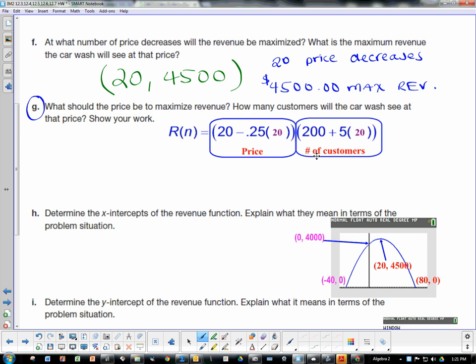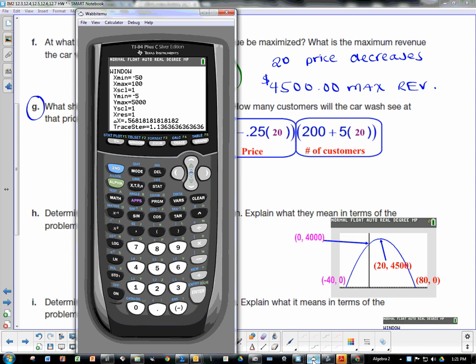And what we found was the maximum revenue, the maximum amount of money that we were going to make, was $4,500, and that was with 20 price reductions. So what I'm going to do is plug 20 in to find the price at which we make the most money. Let's open up our calculator.